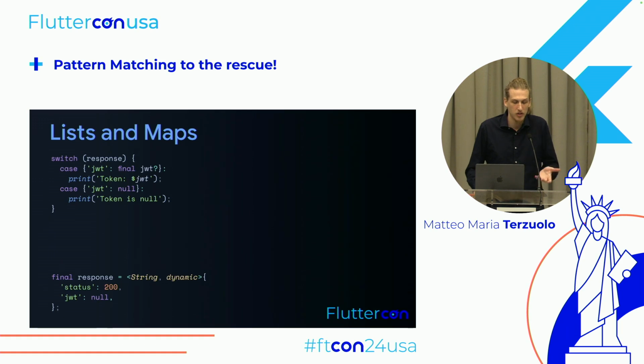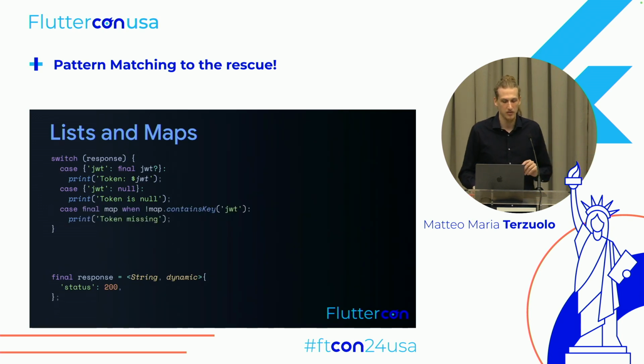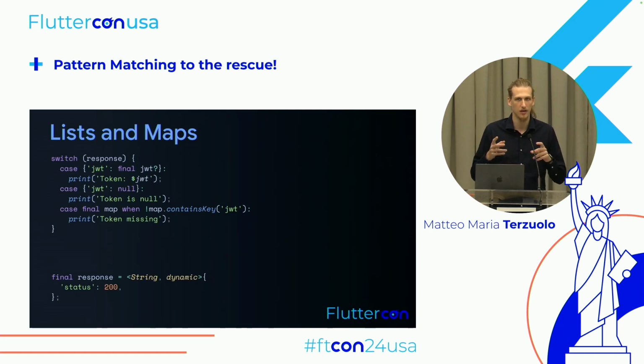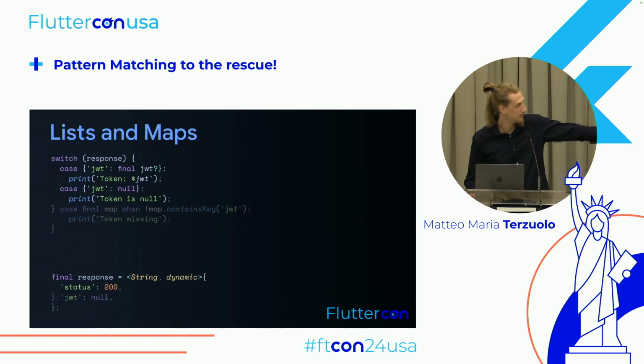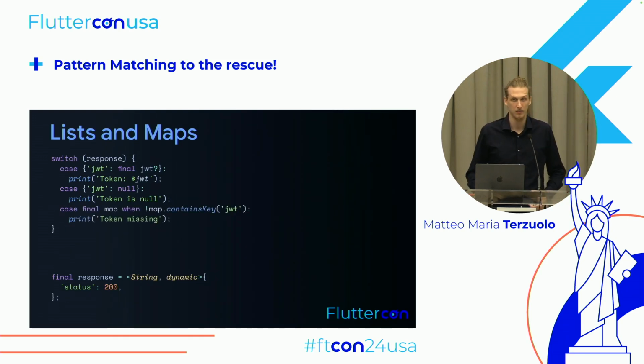Then we can check, for example, if it's null. Look at the difference between that null and this. Because if you are going to take our map and ask for the response and then in quotes JWT, we are going to get in both cases null, okay?